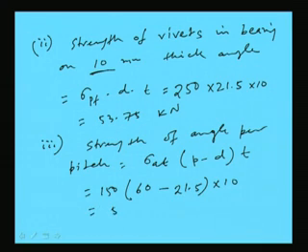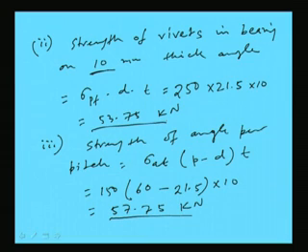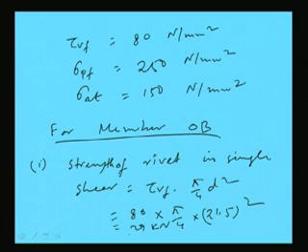So, this is becoming 57.75 kilonewton. So, what we got, that we are getting angle strength as 57.75 kilonewton per pitch, and due to bearing this is 53.75 kilonewton, and due to shearing this is 29 kilonewton.